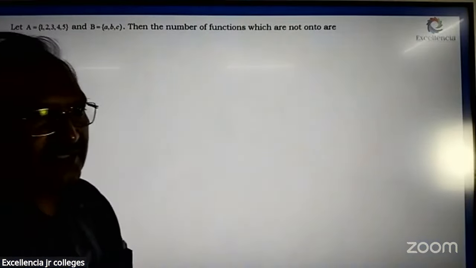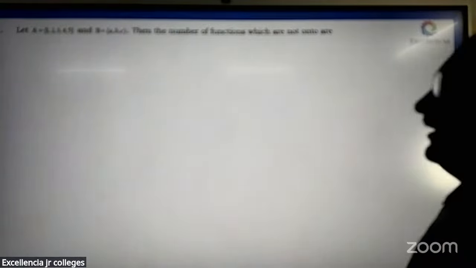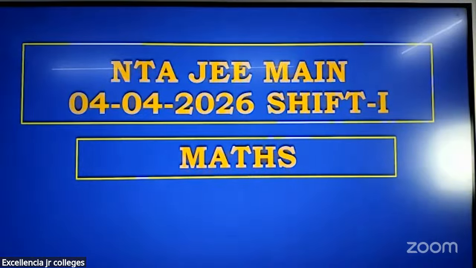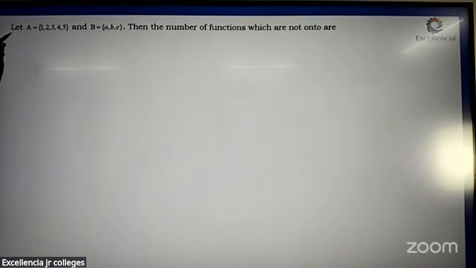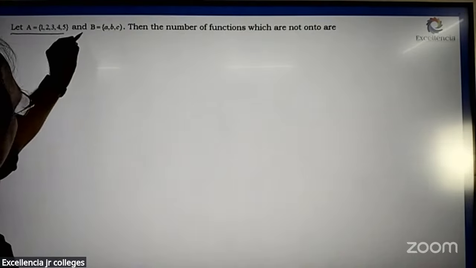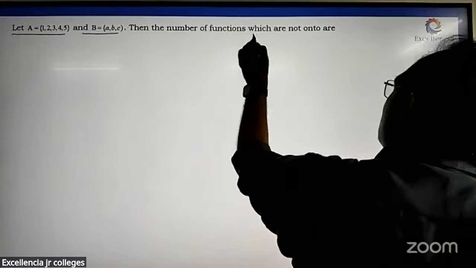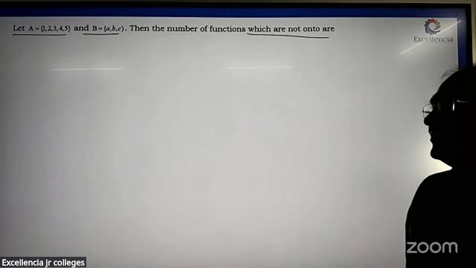So the first question I am going to discuss today is this. A is given as 1, 2, 3, 4, 5, and B is given as a, b, c, three elements. Then the number of functions which are not onto.